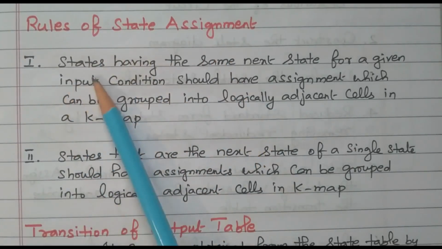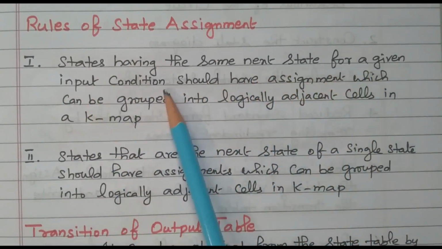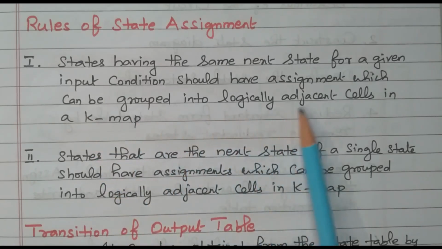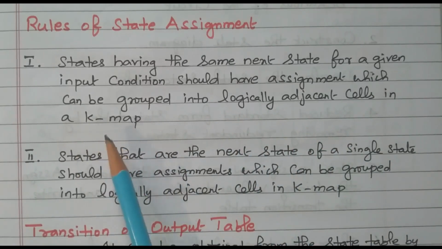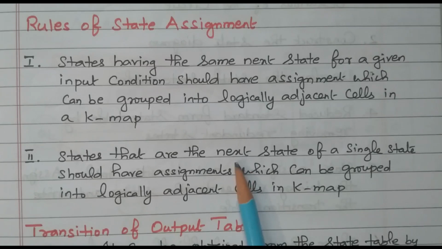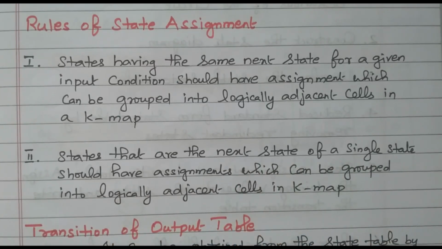First one: states having the same next state for a given input condition should have assignments which can be grouped into logically adjacent cells in the K map. That is the first condition. Second one: states that are the next states of a single state should have assignments which can be grouped into logically adjacent cells of the K map. So these are the two rules in state assignment.